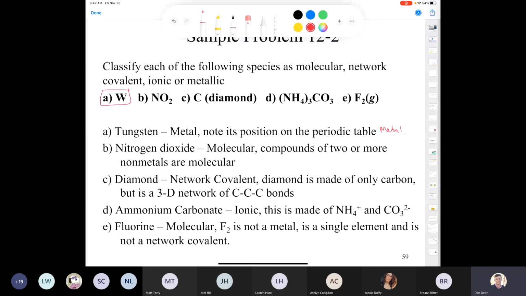The next one is nitrogen dioxide. Well, what kind of compound would this be? Nitrogen dioxide is comprised completely of nonmetals. Therefore, it's not going to be a metal. It's not going to be ionic because it's not made of ions. And it's not a network covalent solid because it's not going to be held together exclusively by covalent bonds. There are covalent bonds in the molecule itself. If I draw out the structure of NO2, NO2 actually has an unpaired electron, doesn't it?